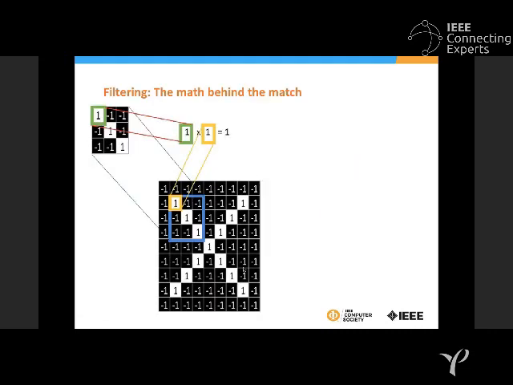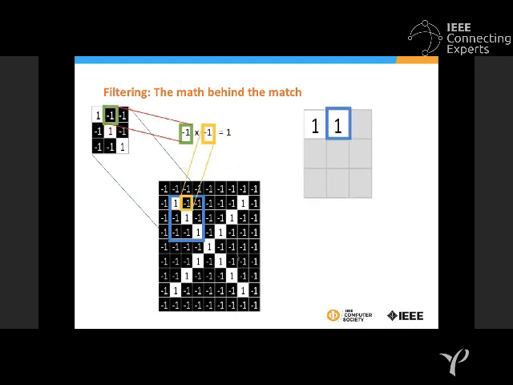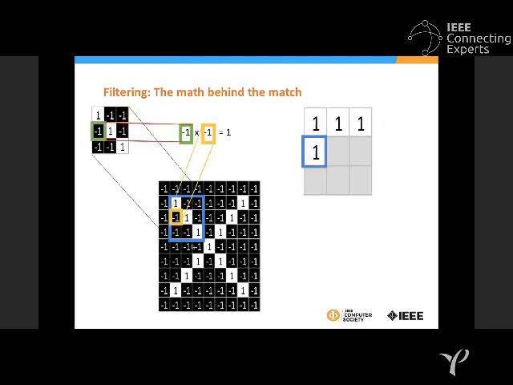So if you go next, you see how the filtering works. This matrix is the feature matrix, and this is a patch in an image. When I convolve this matrix on this region, it generates data by multiplying the weights of the feature with the values in that patch of the image.